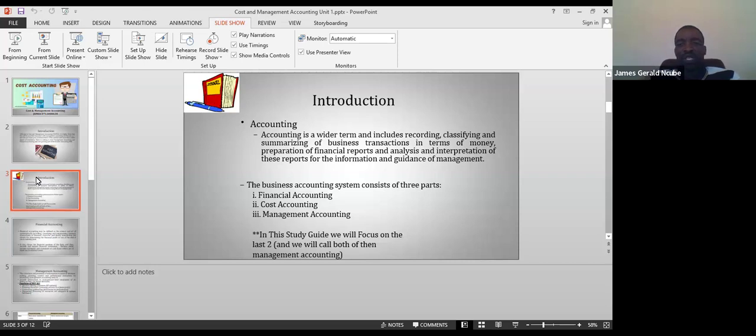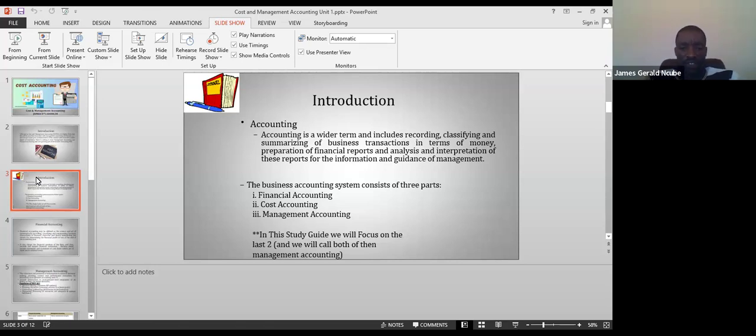And we have got accounting systems, and basically there are three of them, namely financial accounting. That's the first system that we have. Secondly, we have cost accounting.